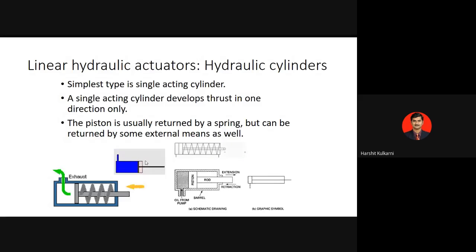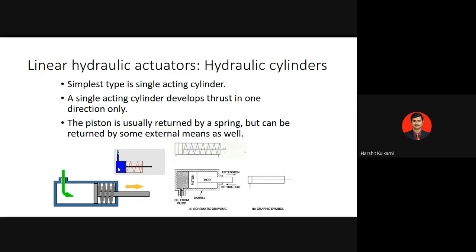If you observe, this is a simple single acting cylinder, as I was telling you. Of course, he has shown here air in and exhaust for a pneumatic, but the same principle is there for hydraulic. You can observe here there is a spring connected at the rod end of the cylinder, and this is the blank end of the cylinder wherein oil is taken inside.